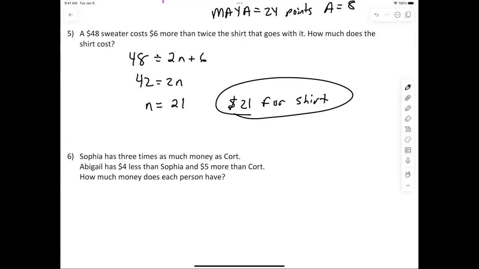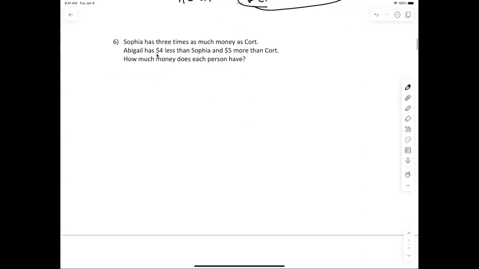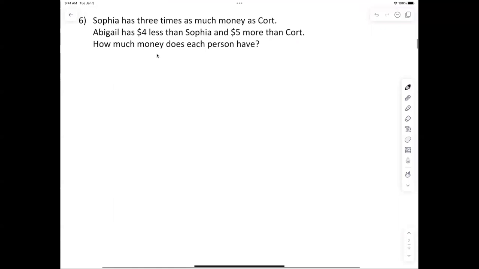All right. Now number 6. Here we go. So now Sophia has 3 times as much money as Court. Abigail has 4 less than Sophia and 5 more than Court. How many people are we talking about here? 3. So the first thing I would do is I'd write Sophia. I would write Court. And I would write Abigail.